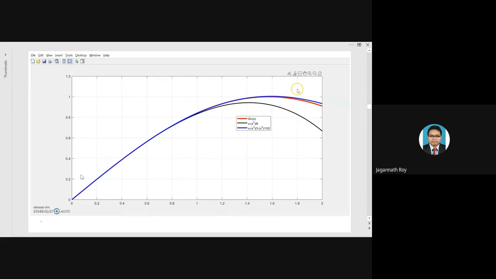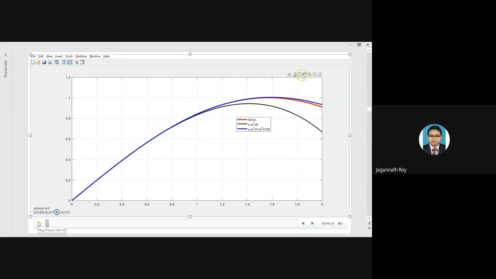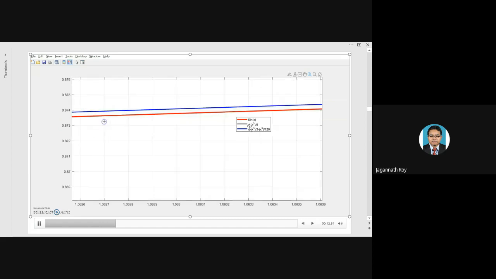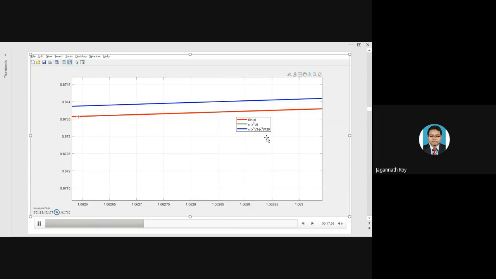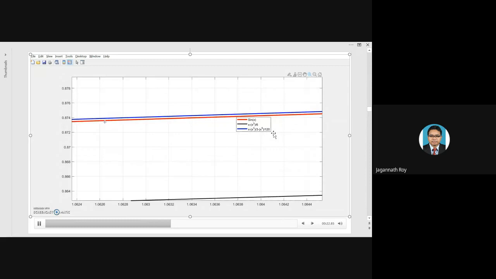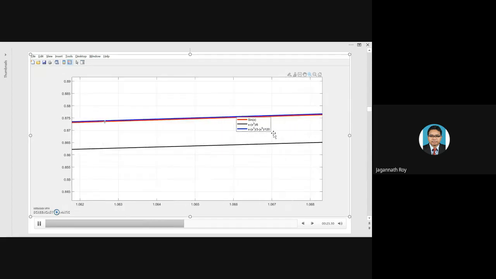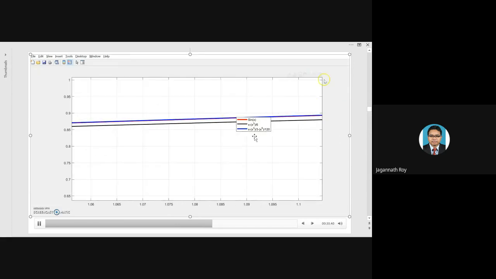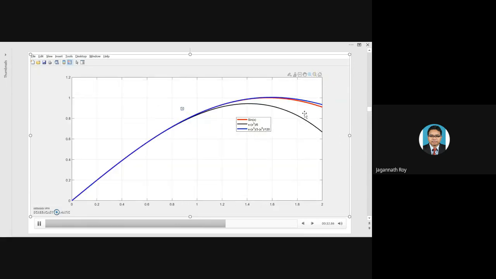Now if you look into the picture, the red curve is the sin x curve, the black curve is x minus x cube by 6, and the third curve, the blue curve, is a polynomial of degree 5. This is just to show you that if we increase the degree of the polynomial, then it gives us more accurate data.